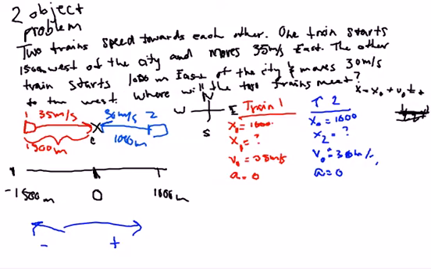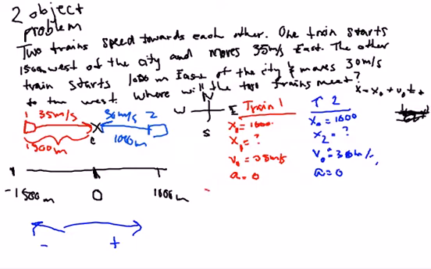So you can instead set up an equation where x1 is equal to, I already wrote it up there, I'm not going to write it again, because I'm running out of space. So your x equals x naught plus v naught times t.